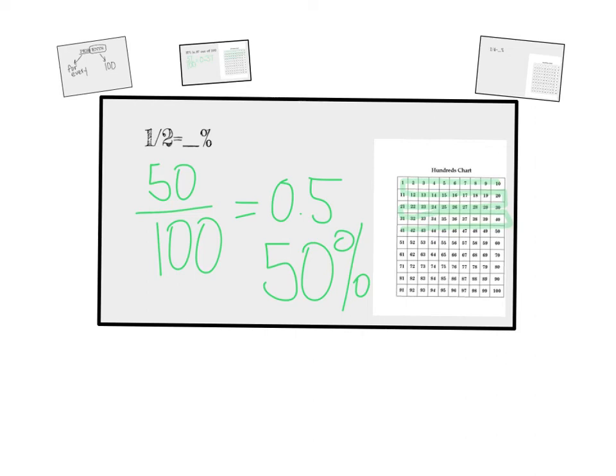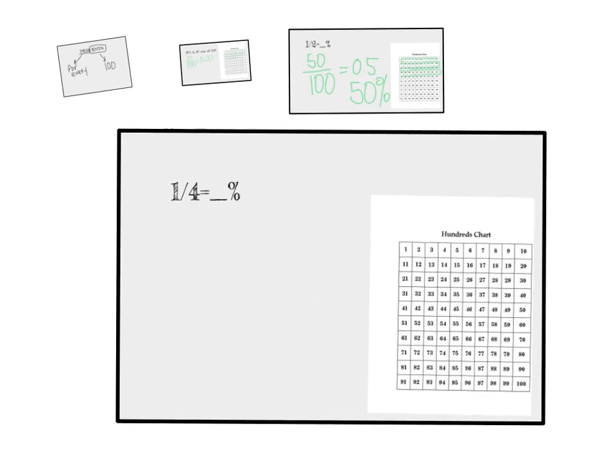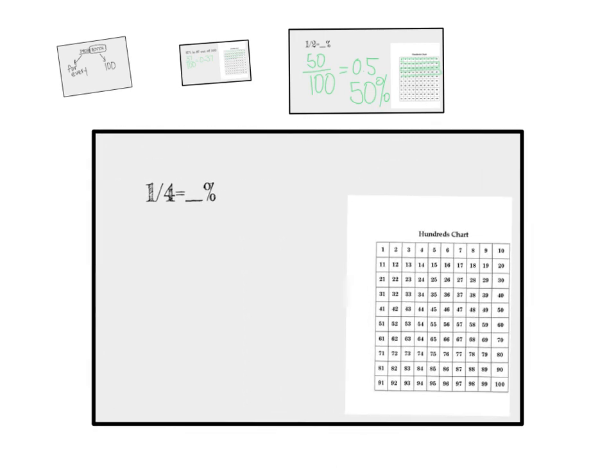The other problem you had this morning was, 1/4 is what percent? So in using the same sort of strategies, well, I know that 1/4 is half of a half. I knew that 1/2 of 100 was 50, and I know that half of 50 is 25. So if I'm using my hundreds chart here to illustrate, I'm just going to take about a quarter or half of 50.